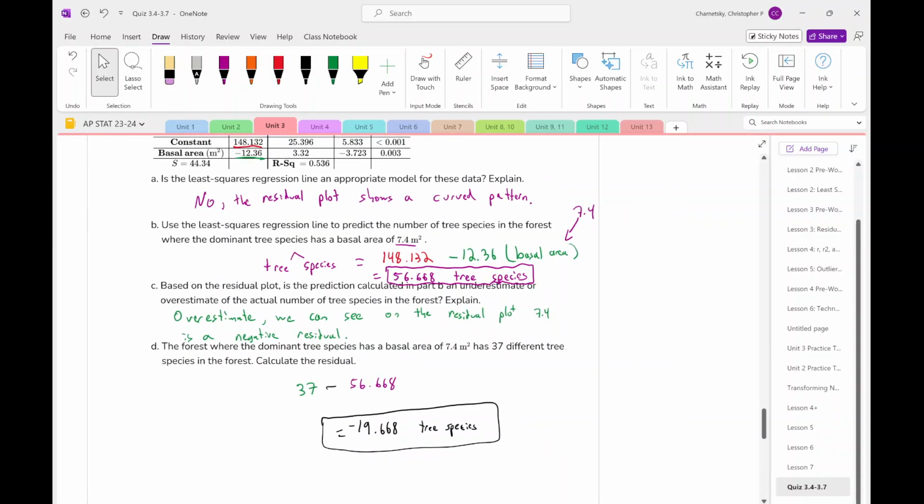Meaning that our plot over predicts by almost 20 tree species.